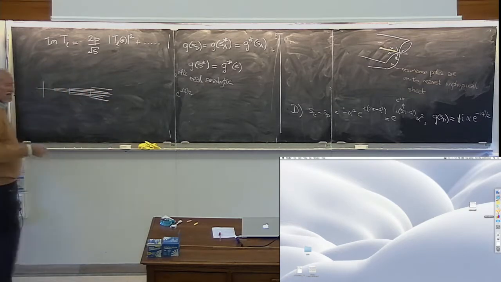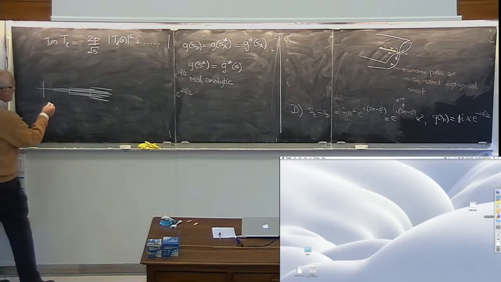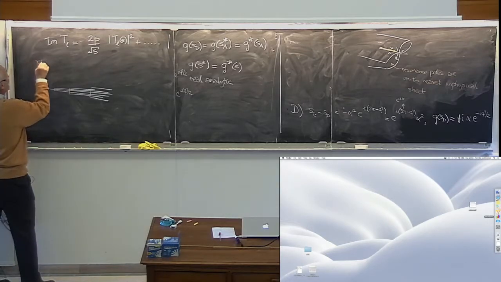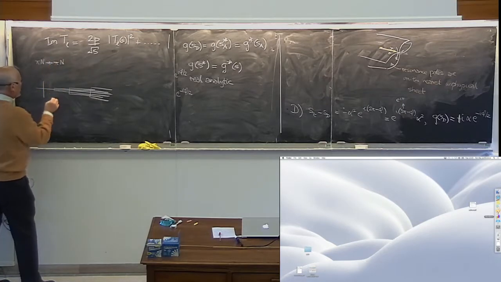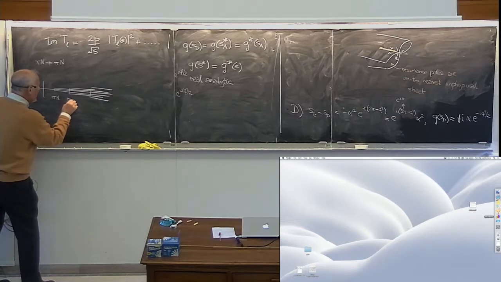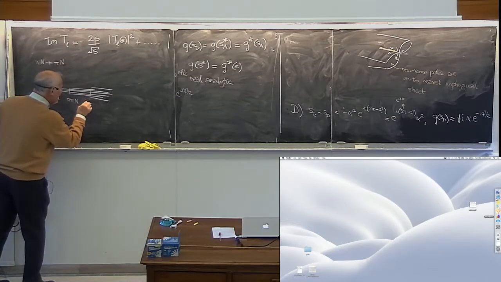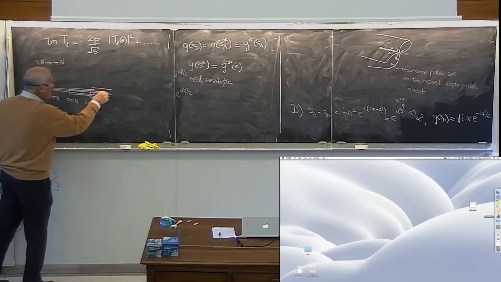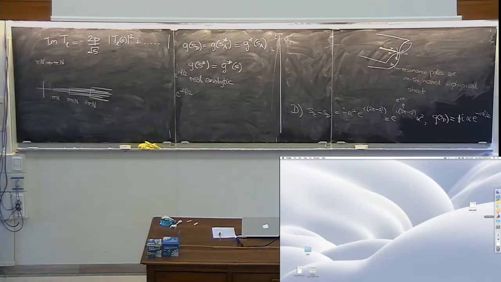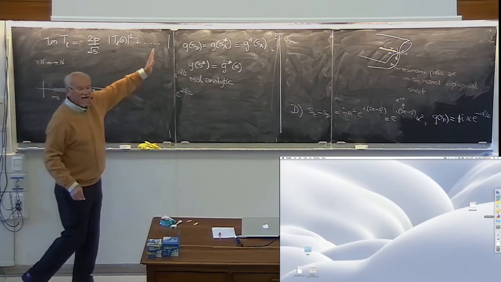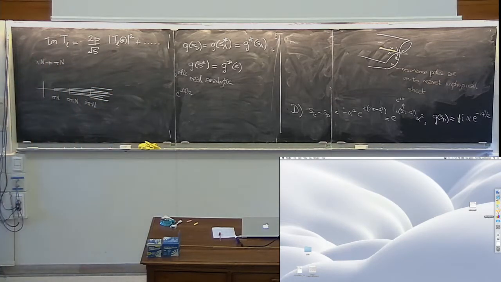Imagine your favorite process is pi N to pi N. So this would be the pi N threshold, and the next one would be the 2 pi N threshold, and maybe this is the 3 pi N threshold, and then some other particles, whatever. And there will be contributions to the imaginary part at every threshold, and they will add.